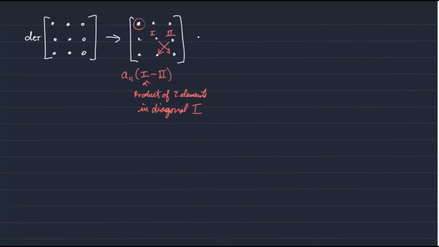Okay, and then the next term, so we subtract the next term, which is this element, and then again we strike out the row and column of that element. I struck out the wrong column here.